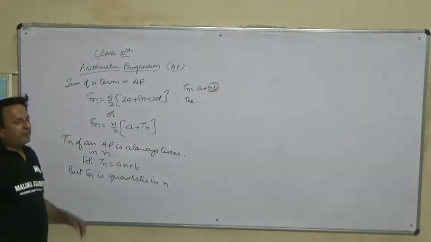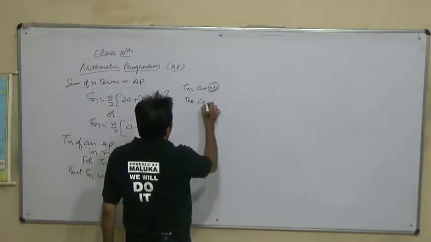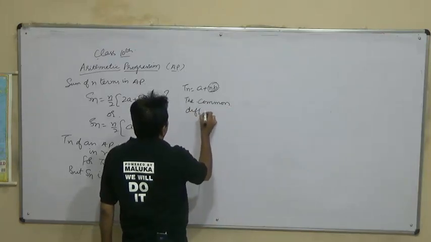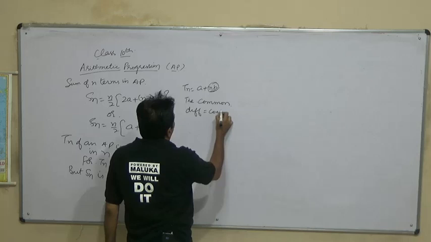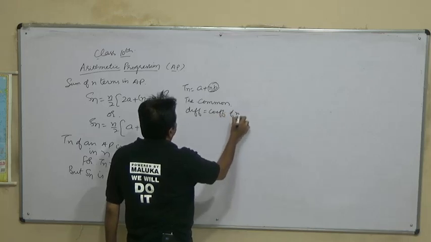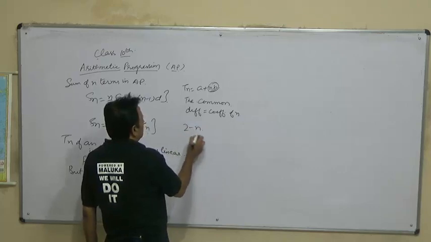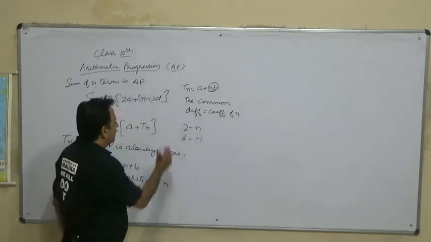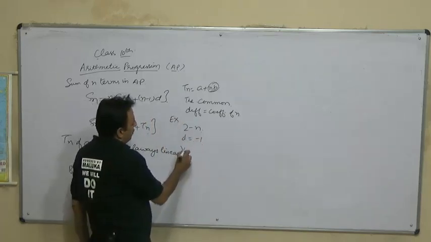The coefficient of n gives you the common difference. For example, for 2 minus n, d will be equal to minus 1, because the coefficient of n is minus 1. We can verify it.